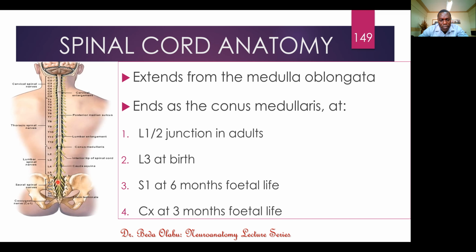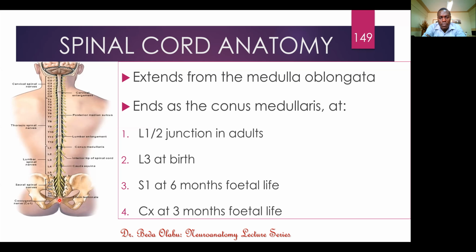And at the beginning, up to maybe the 3rd month of fetal life, the spinal cord and the vertebral column were at the same length, extending all the way to the coccyx.